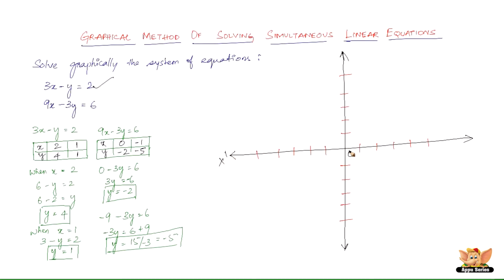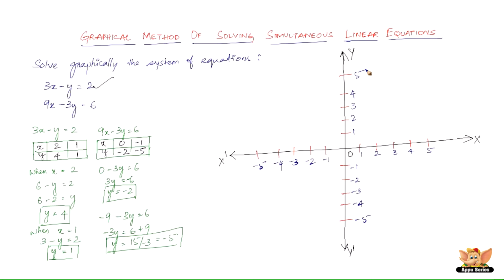This is X'OX, and this is YOY'. So let us now write the values. 1, 2, 3, 4, 5, and negative 1, negative 2, negative 3, negative 4, negative 5, on both axes, with the positive values 1, 2, 3, 4, and 5.